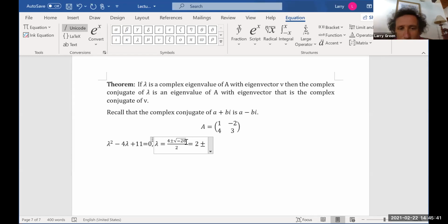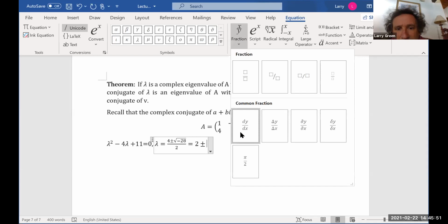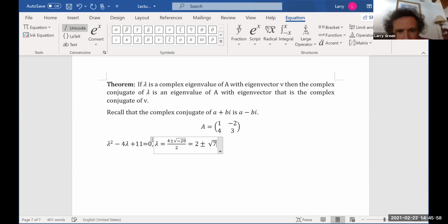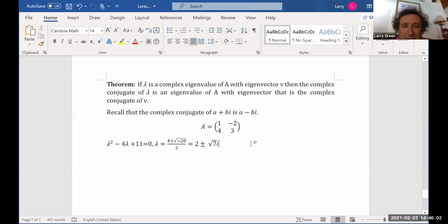I can take that 4, pull it out, get a 2, cancel the 2's. So plus or minus the square root of 7 i. Any questions on that?